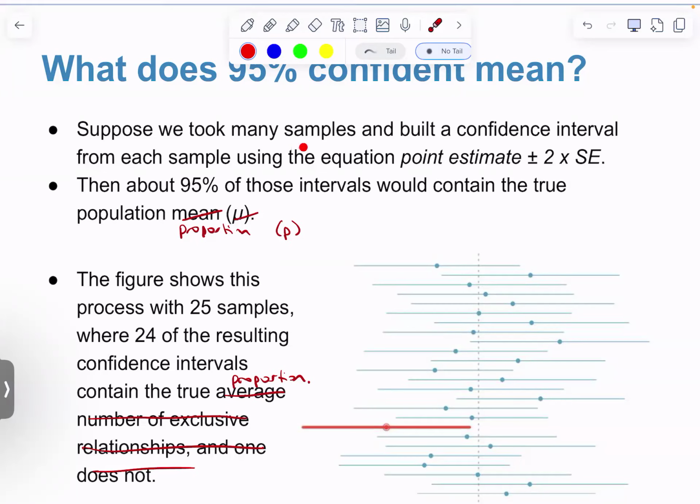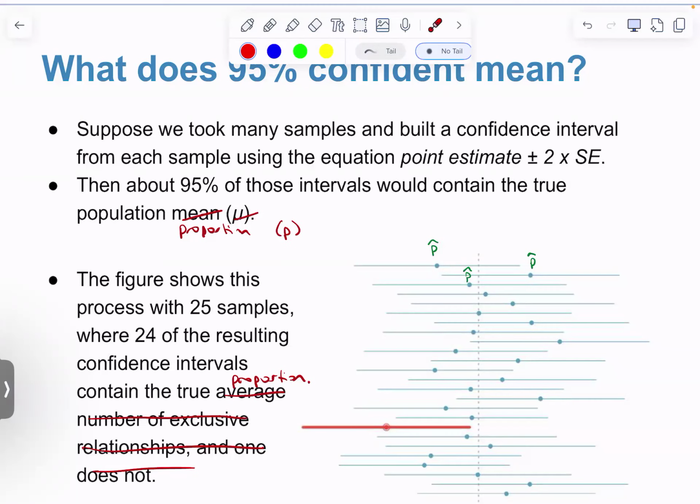So like we said, let's say you took many samples. We don't do this, but what you would find is that each p hat would move around. This little dot represents your p hat, and then you build an interval around it. A 95% confidence interval means you move out 1.96 standard errors, and the standard error uses this p hat: p hat, q hat over n, and then square root it.